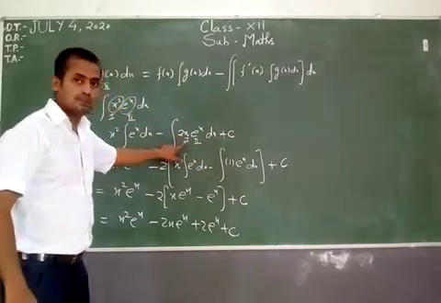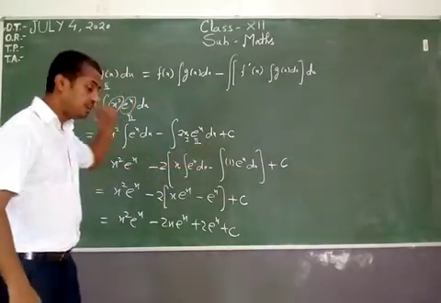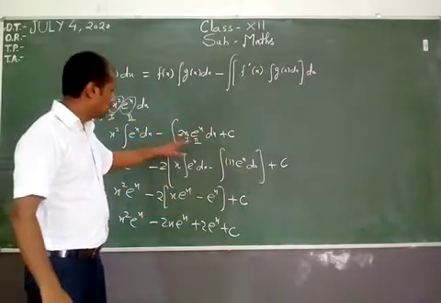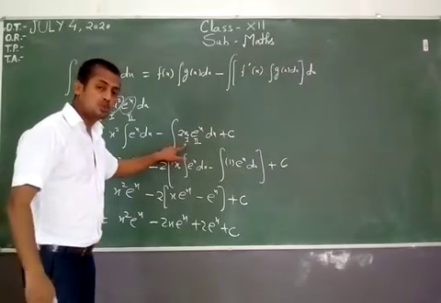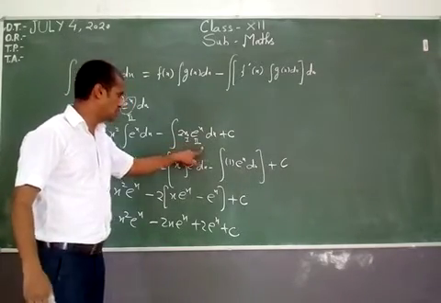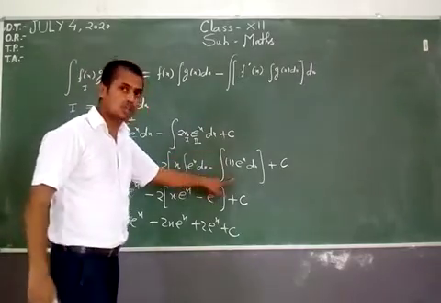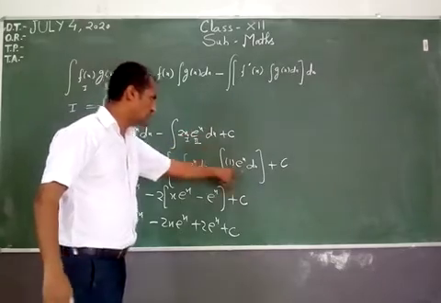We have again an algebraic function and an exponential function. We have to apply the same formula again because again we have two functions in multiplication. We choose first and second. First as it is, integration of second, minus integration of derivative of first into integration of second.